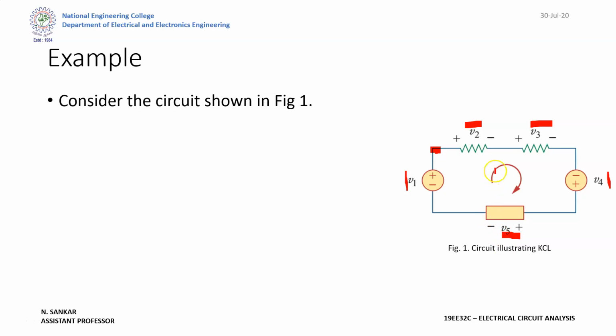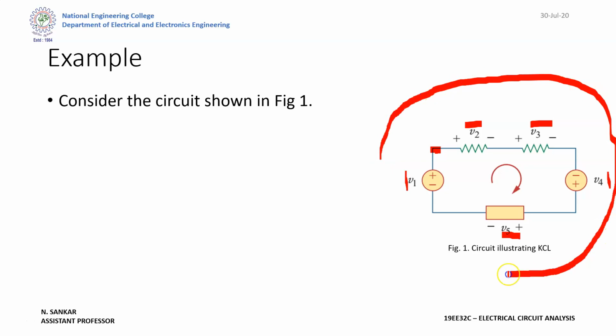We have taken the current direction as clockwise. Our assumption is that the current travels from V1 to V2, V3, V4, V5. This is clockwise, like how a clock rotates.